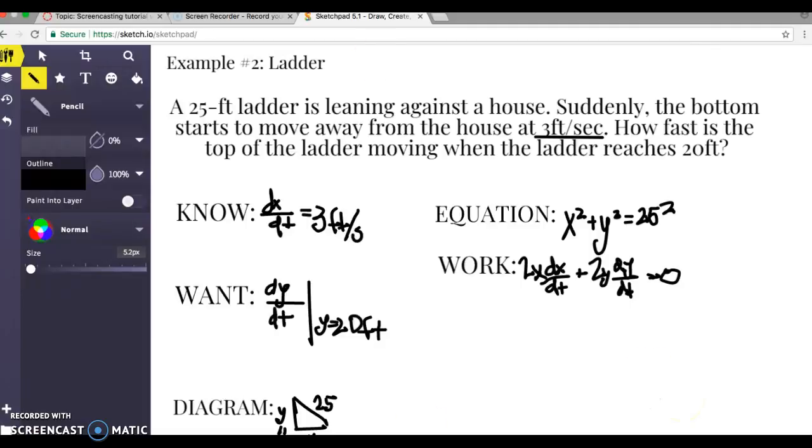And then, again with this one, it's kind of filling things in. But first, we have to get the y's on the same side and the x's on the same side, so it's not combined. So 2y dy over dt is going to stay on this side. And then you can subtract the 2x dx over dt part over to the other side.